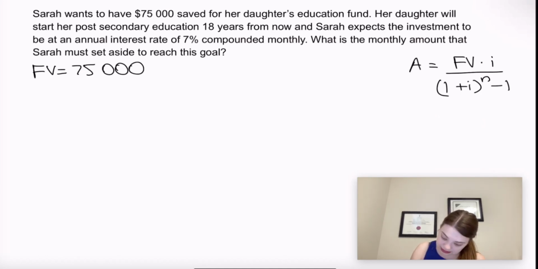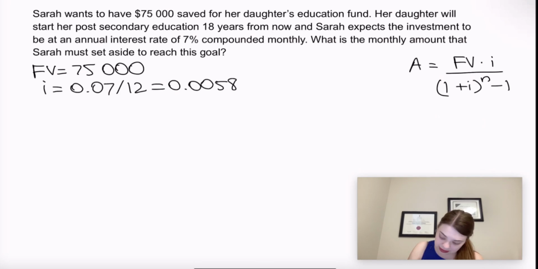The interest rate, i, in this case, is going to be 0.07 divided by 12, because the annual interest rate is 7%, and it's compounded monthly, so we have to take that number and divide by 12, and that gives us 0.00583 repeating. And then we have n. What is the number of compounding periods?